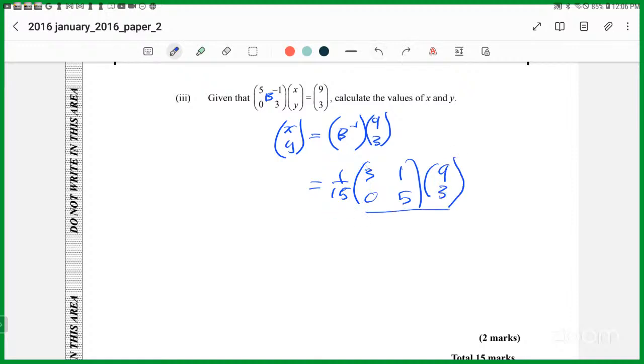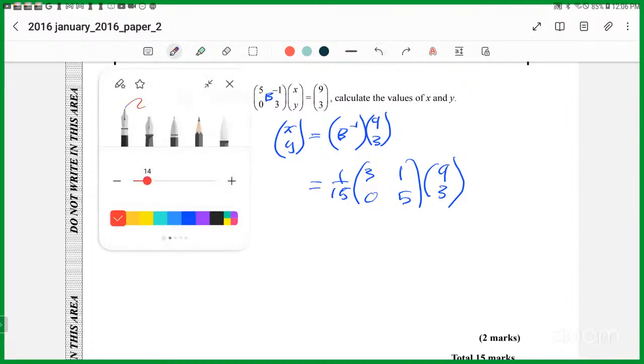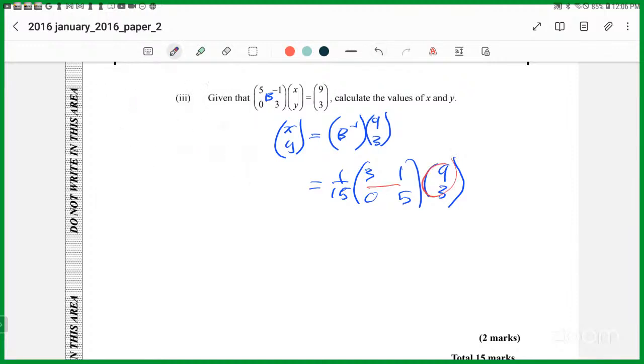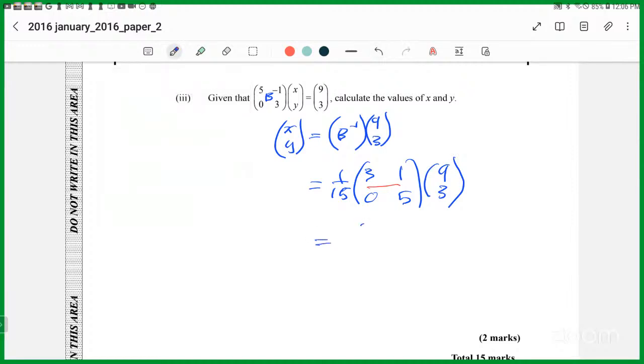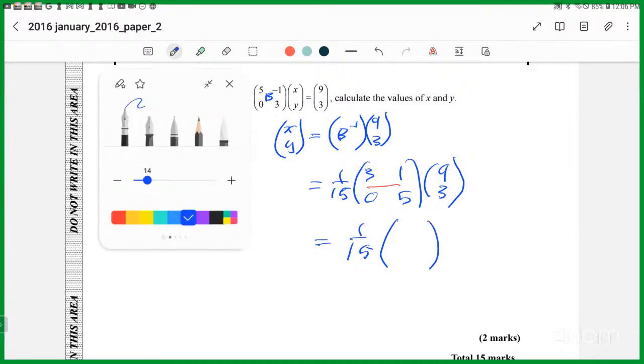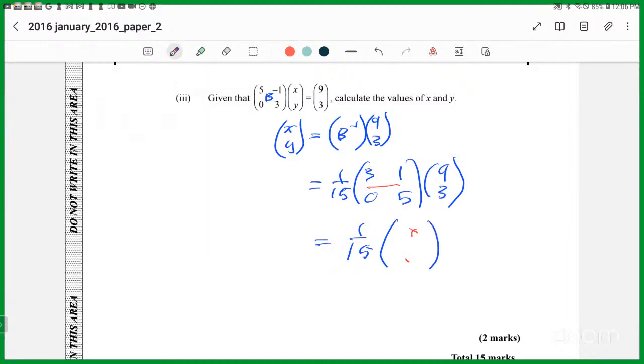Multiply these two matrices, so the rows of the first matrix times the one column. This becomes equal to 1 over 15 times, and I get two values again. For the first value, it's this row times this column.